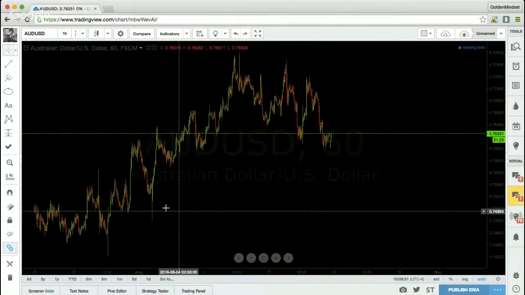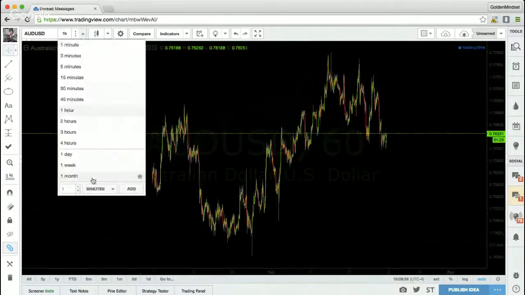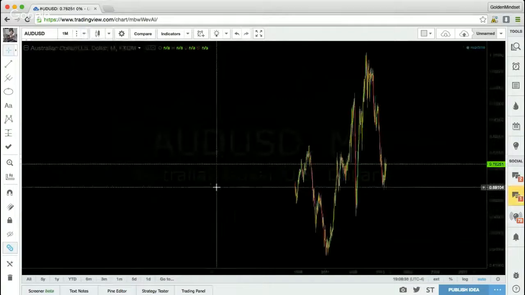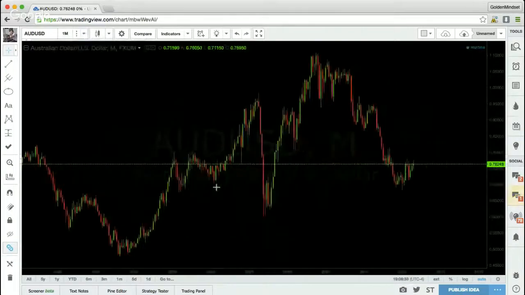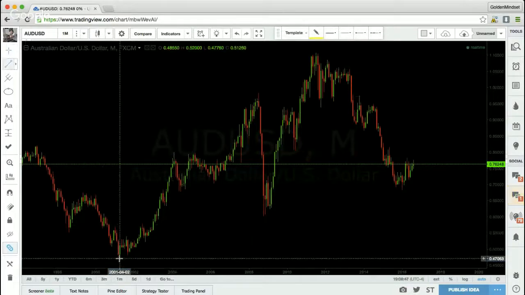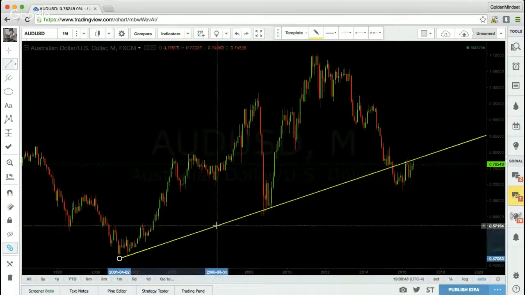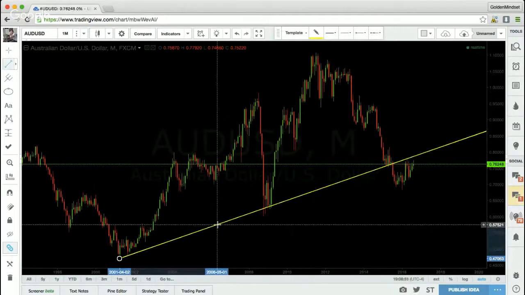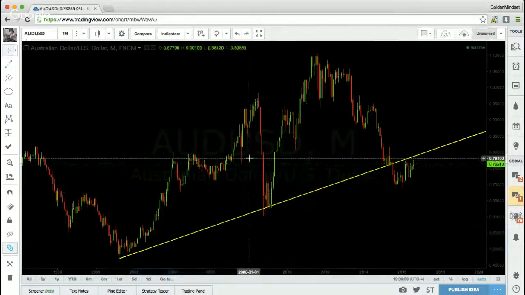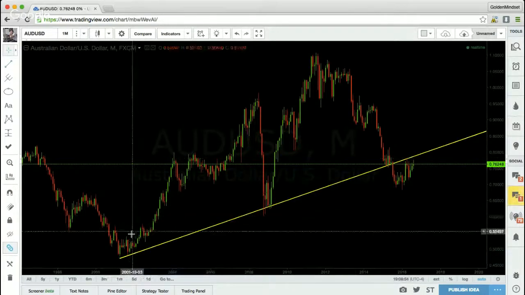So let's first move on to the monthly chart, because this is how you know where the market is going, like I just said. First of all, you want to draw a trend line, right? How should you draw your trend line? You must draw a trend line that makes sense. For example, look at this.